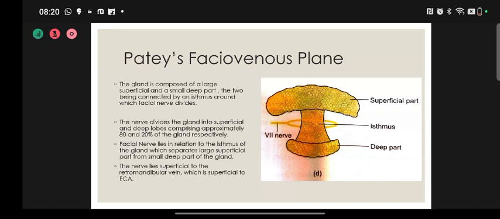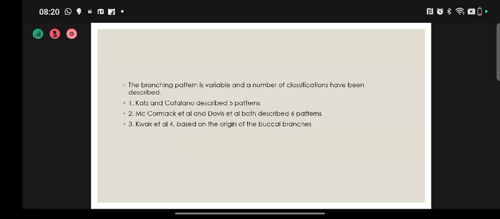So the branching pattern of the facial nerve, as I've already told, has been described by various authors on the basis of both surgical as well as cadaveric dissections. The most commonly used classification is that by Katz and Catalano, which describes 5 patterns.